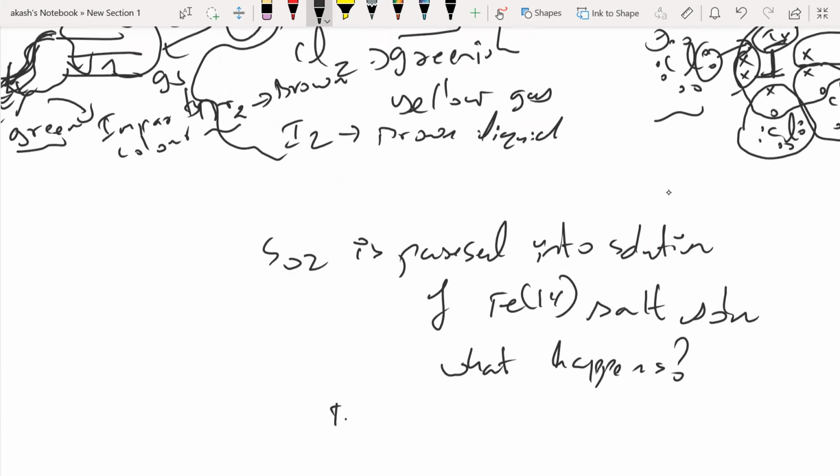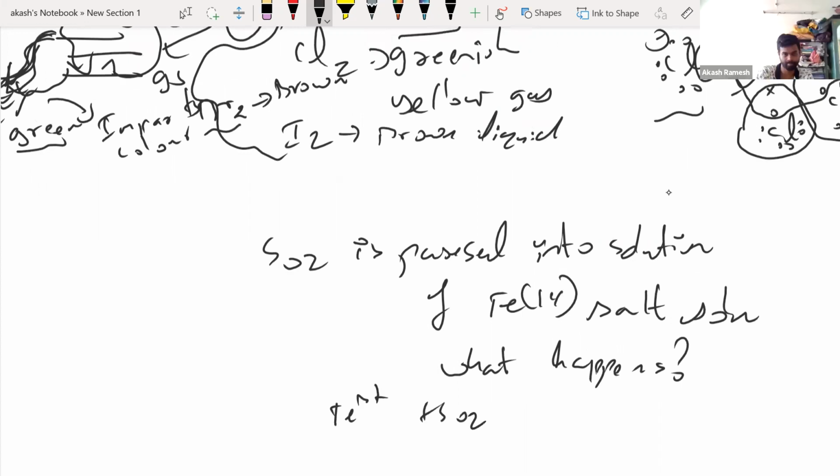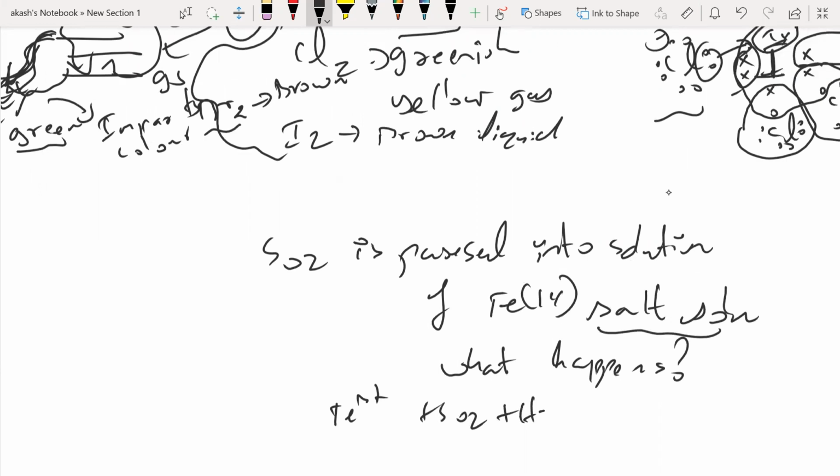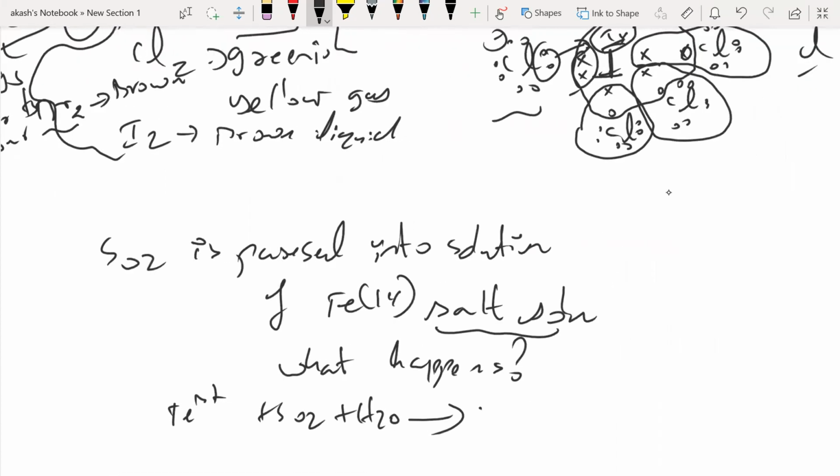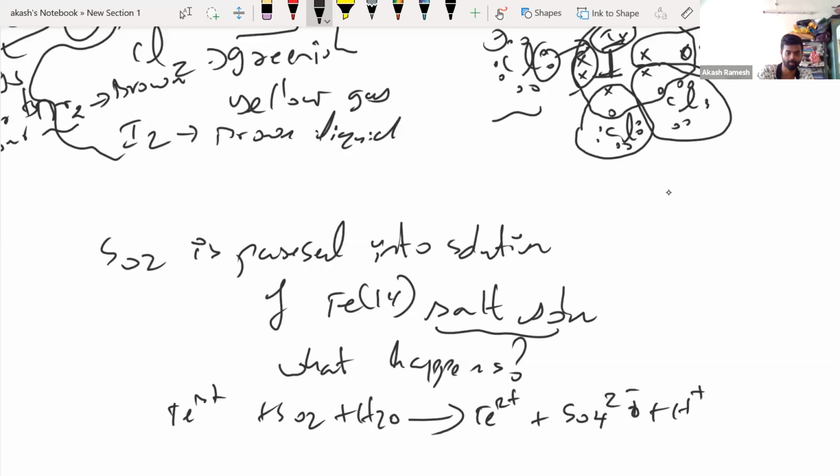Fe3 plus SO2. Sir, it should be in aqueous solution, no, sir. Yes, obviously, a solution means an aqueous solution only. Sir, then plus H2O should come, no, sir. Okay. So that will give Fe2 plus plus SO4 2 minus will come, sir. Okay, SO4 2 minus plus H plus. That's all, sir.